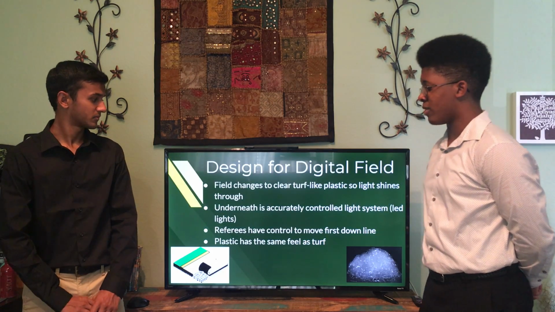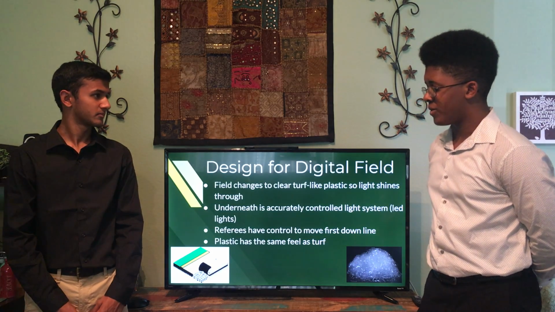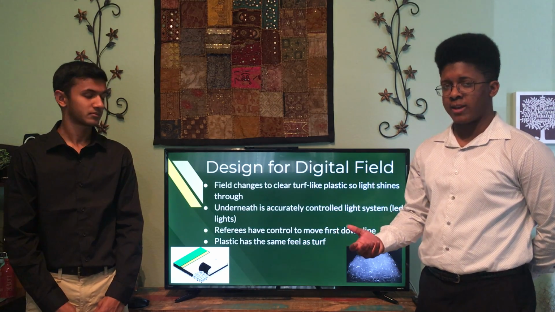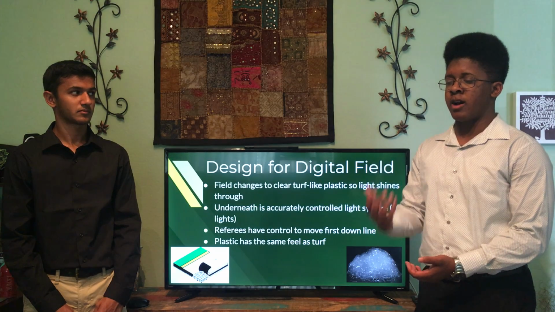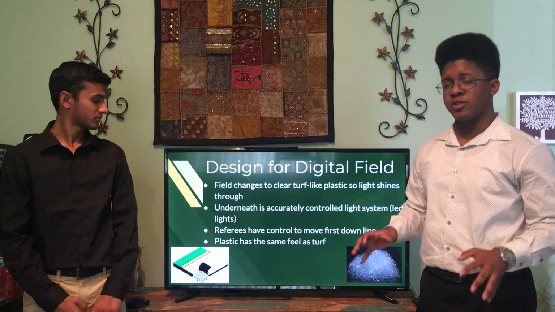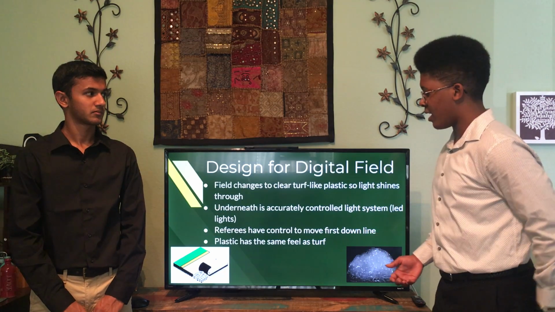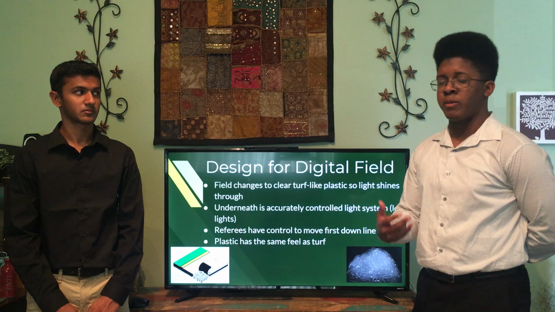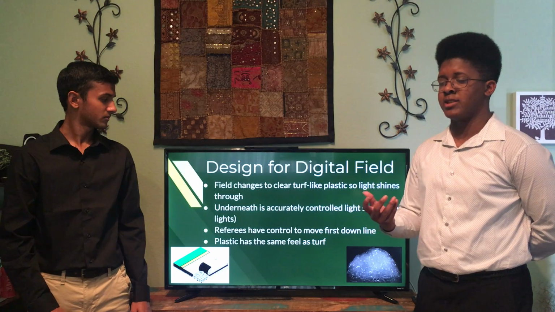We were able to come up with this design, which shows it will be lights that are under a clear turf-like field made with a special type of foam to be able to handle all the heavy equipment and hard hits that it will take to support the players and everyone above the turf, as well as having plastic shreds to mimic the turf and grass to have the same feel, but still being clear enough for the light to shine through.